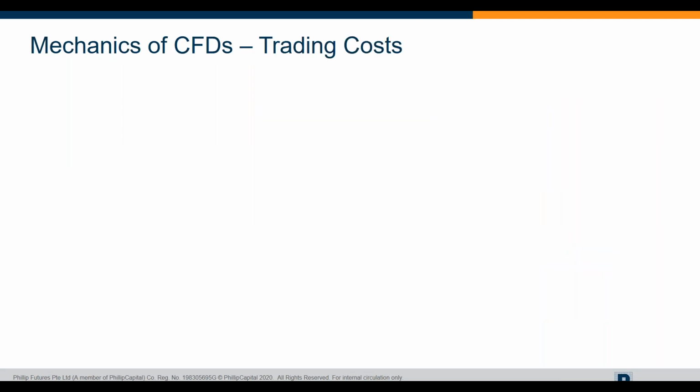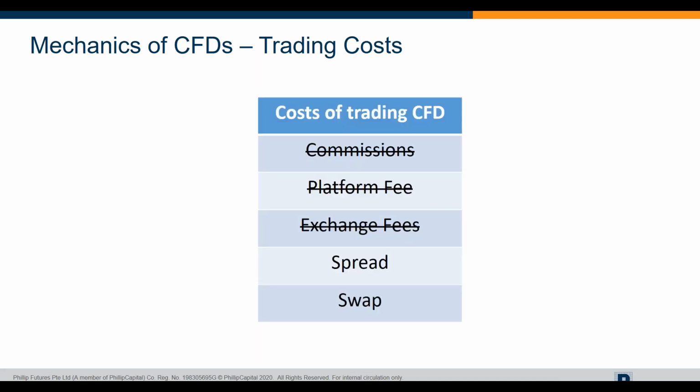Okay, so let's talk about trading costs next. Trading CFDs, what are the costs associated? Just now we mentioned that if you want to buy stocks in an underlying market, there are certain fees that you may have to incur, like the exchange fee and all that. So for CFDs, what are the costs? There will not be any commissions for trading CFDs.